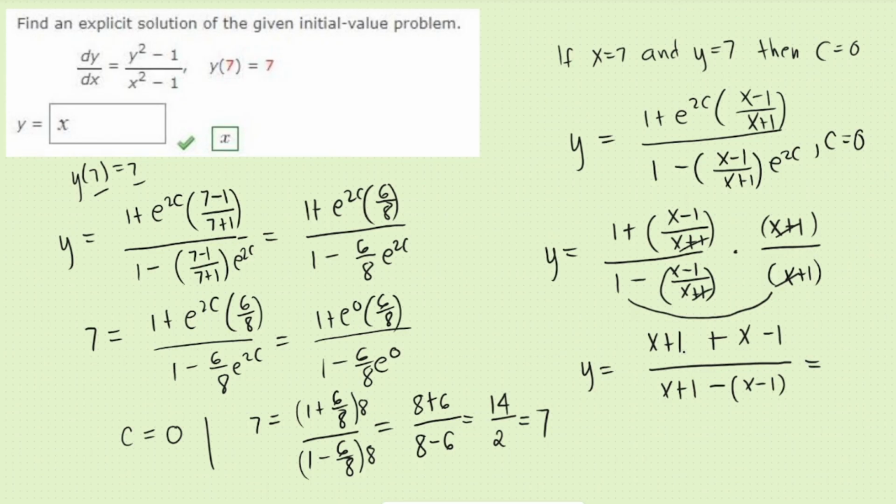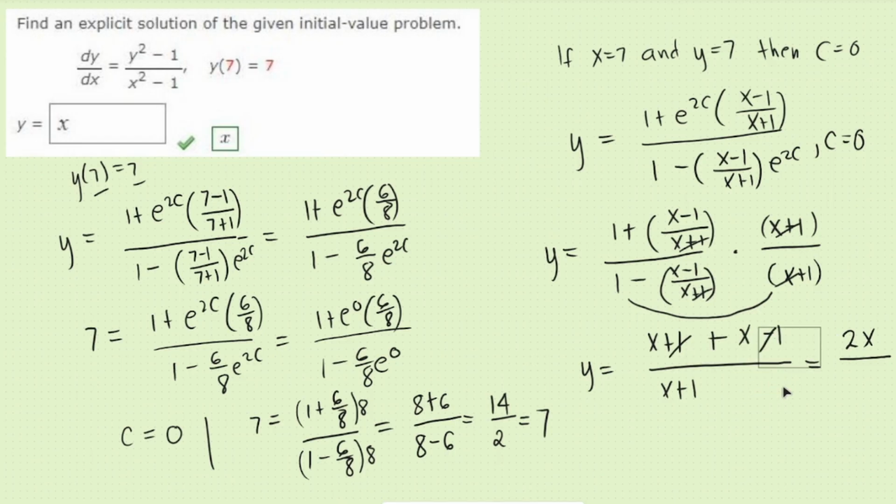So we would now have x plus 1 plus x minus 1 in the numerator, so the 1 and negative 1 cancel because this is just 0. So we're left with x plus x is 2x, all over x plus 1 minus x plus 1. We remove the parentheses by multiplying the negative times x, so that's minus x, and minus negative 1 is just plus 1.